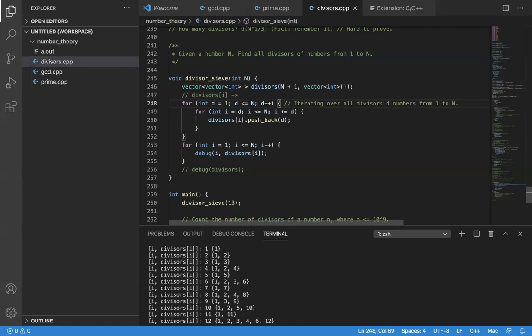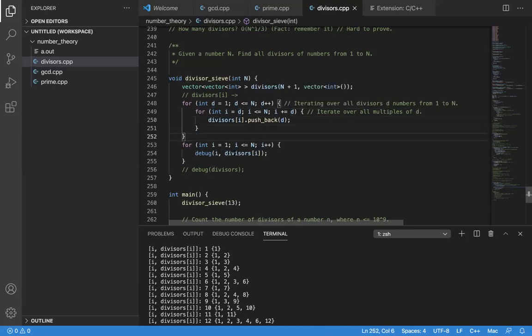This number d can be a divisor of only its multiples. So now I iterate over all multiples of d, and whoever is that multiple, you can say that d divides that multiple.